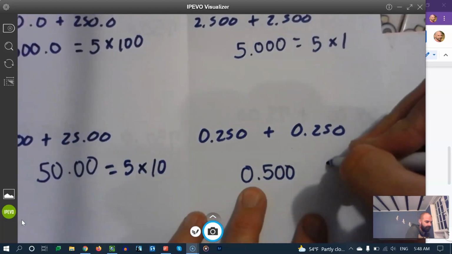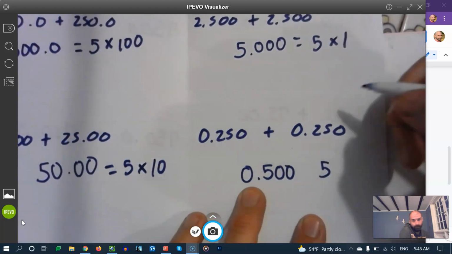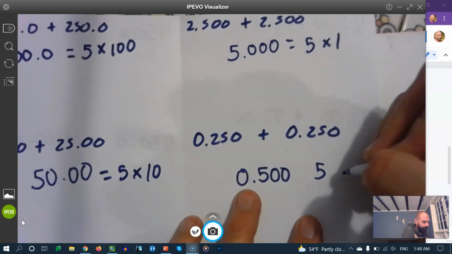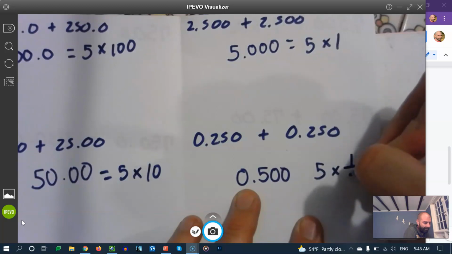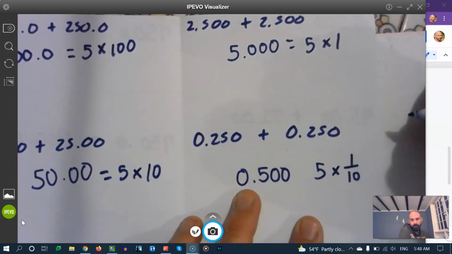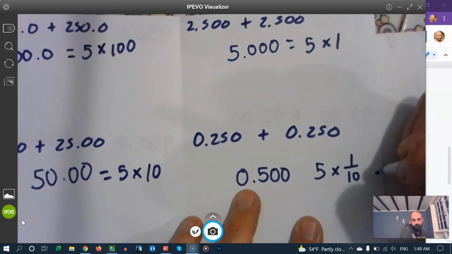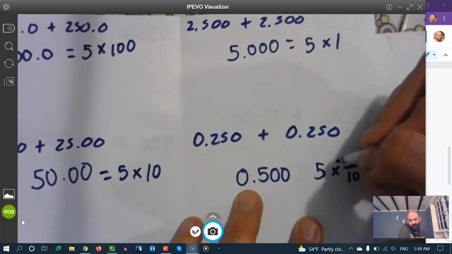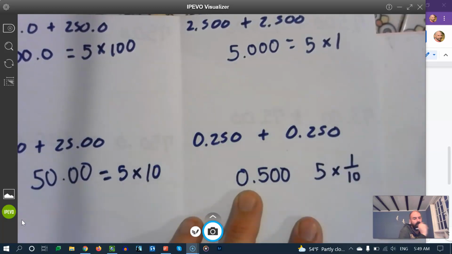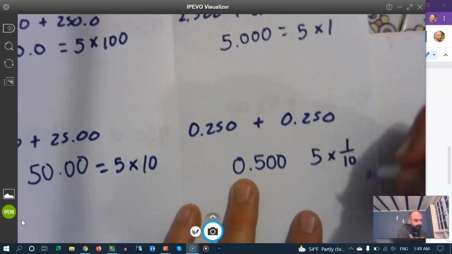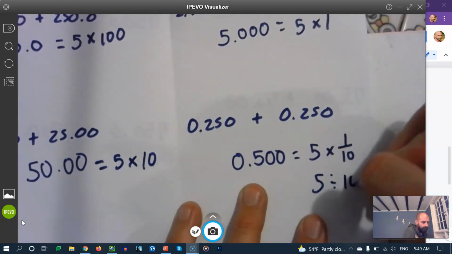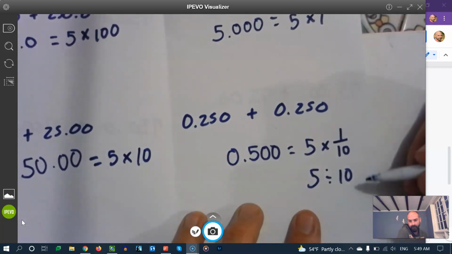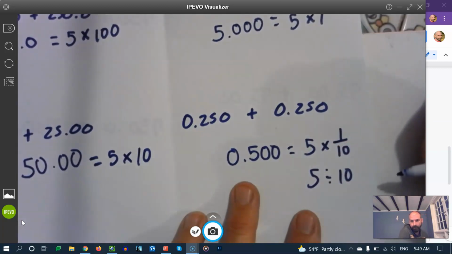We could do it one of two different ways: times 1/10, or 5 divided by 10 as well. Both will give us the same thing.